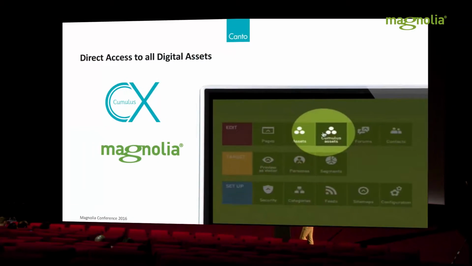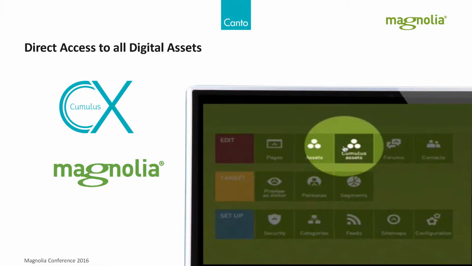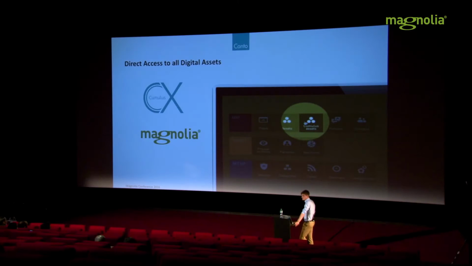And it kind of looks like this. It's a little bit blurry, but you see this is what we did. This is basically a window inside of your DAM system. It's an app in Magnolia, and it helps you to avoid duplicates. All the assets are in our digital asset management system, and you can search them as you would search Magnolia assets.